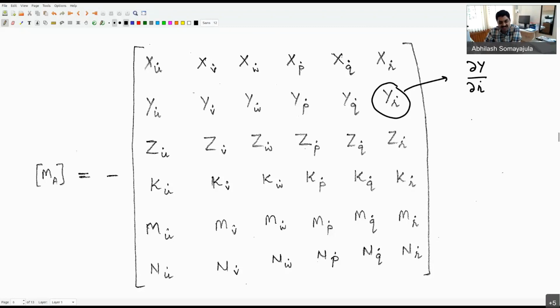It's not exactly acceleration because I can't just take r dot and call it acceleration in yaw, but it tells you the change in force in the sway direction. So what is the extra sway force you experience, given that my body is experiencing an r dot, an angular acceleration? Is that making sense?